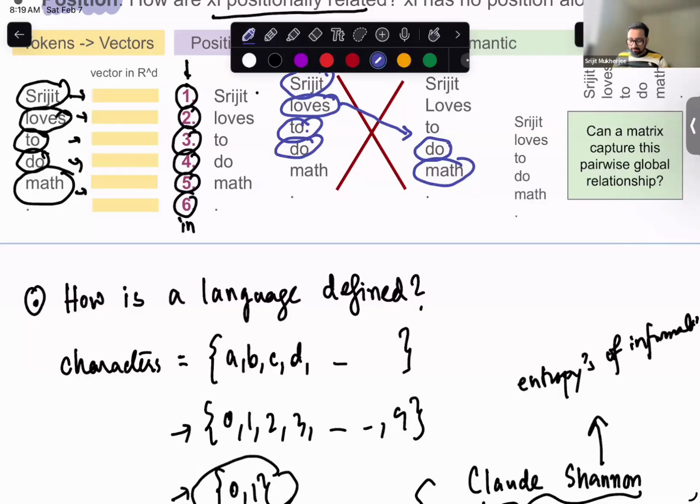And you will see that the answer to this is the very fundamental thing that you always heard while learning large language models: this is exactly what attention does. The very mechanism of attention is to capture this relationship. And we will learn about what is attention in a bit.